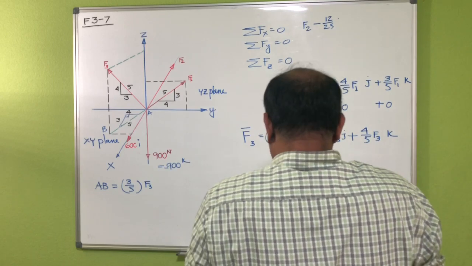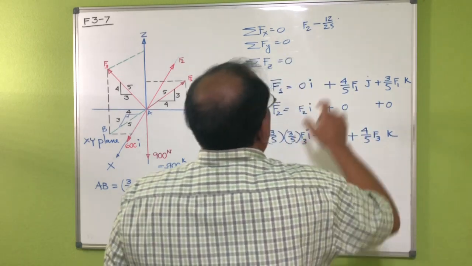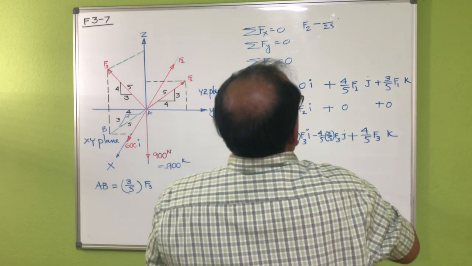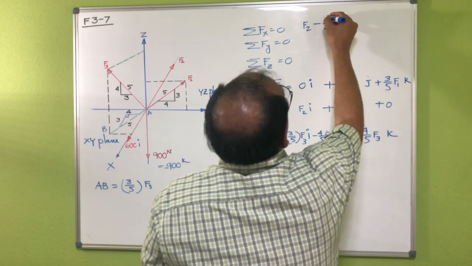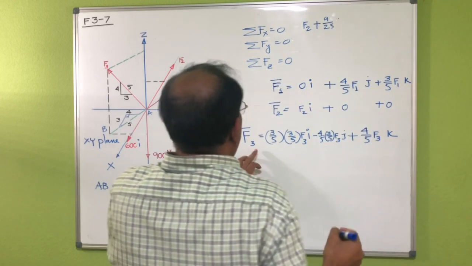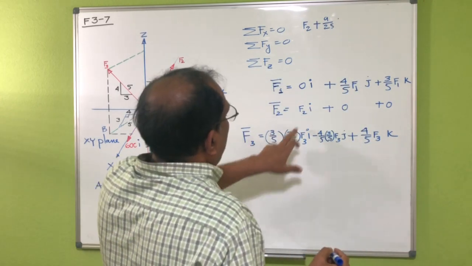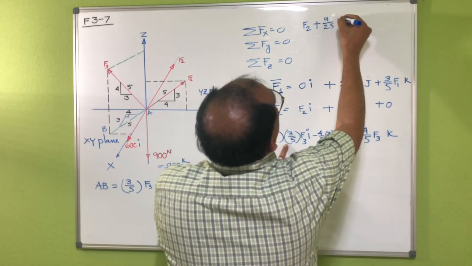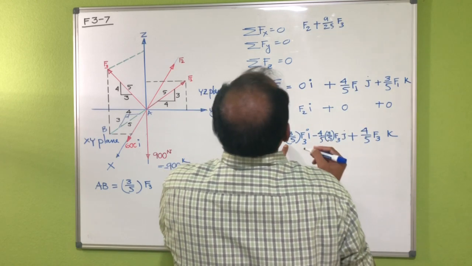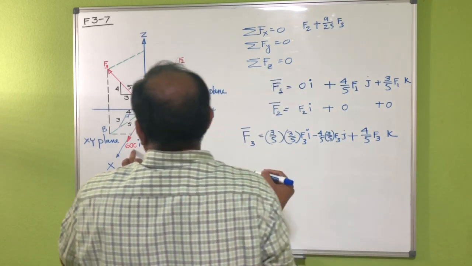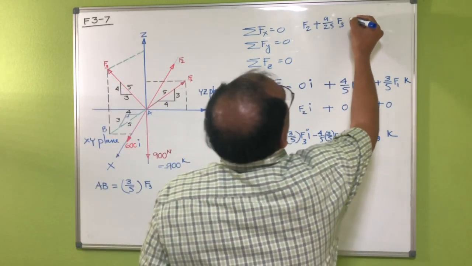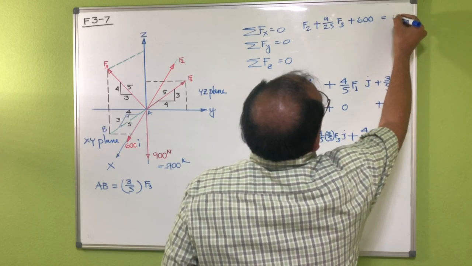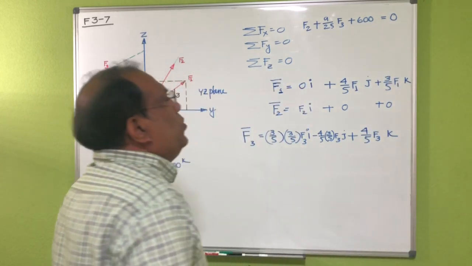Oh no, I'm just adding the x term, so that's actually 9 by 25. So adding the i terms: minus F2 plus 9 by 25 F3 plus 600 equals 0. That's my first equation.